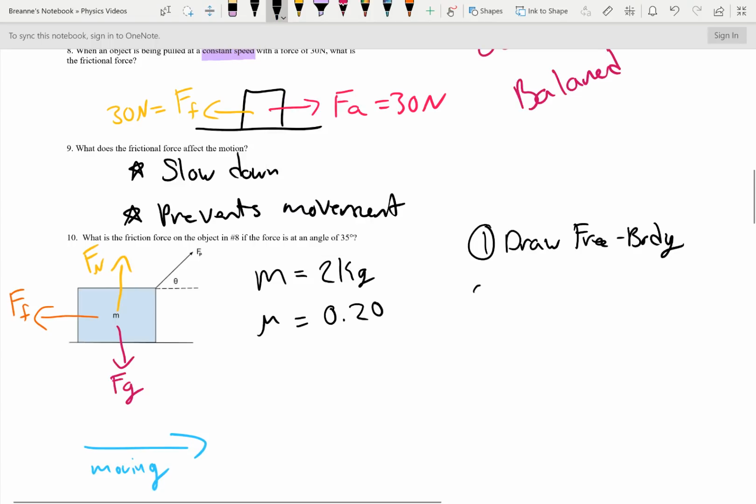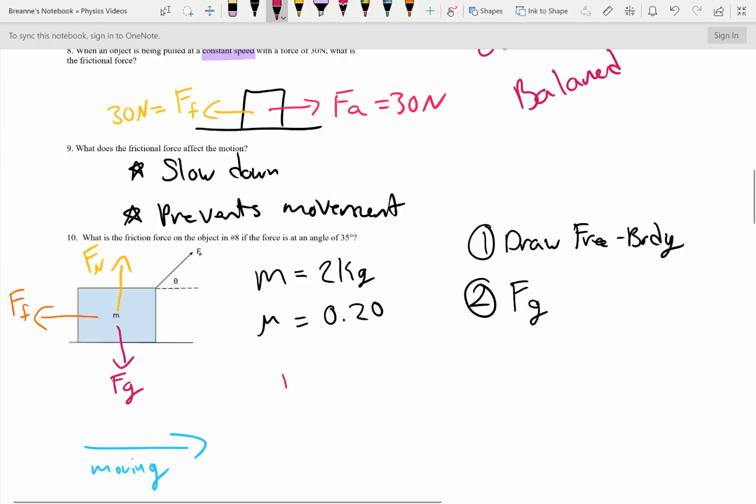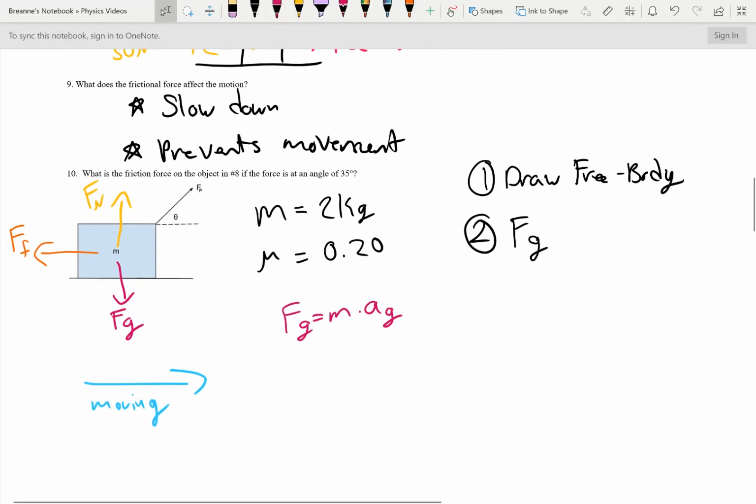So step two, we're going to solve for force of gravity. The equation for force of gravity is your mass times your acceleration due to gravity. So the mass is 2, your acceleration is negative 9.8.